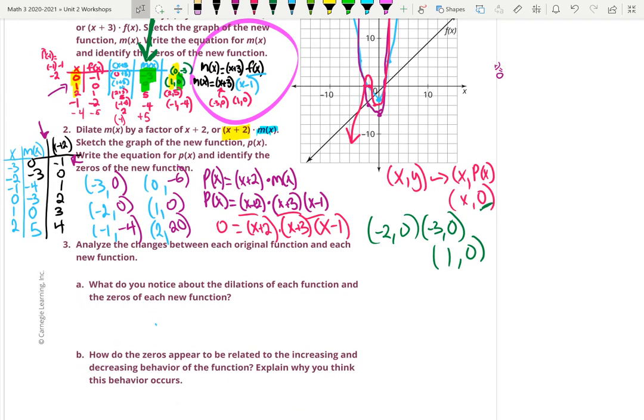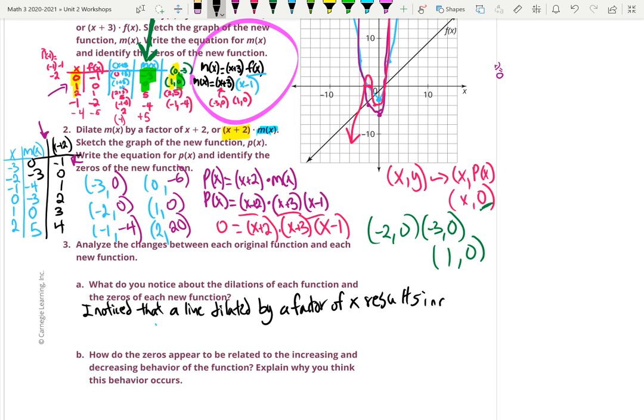So what do you notice about the dilations of each function and the zeros of each new function? I noticed that a line dilated by a factor of x results in a quadratic.